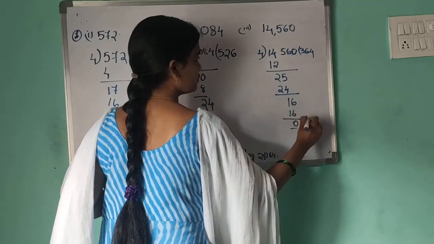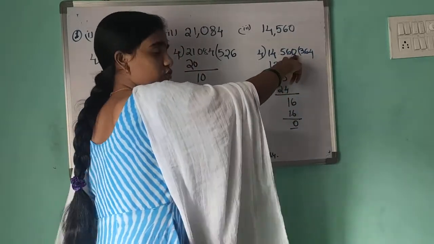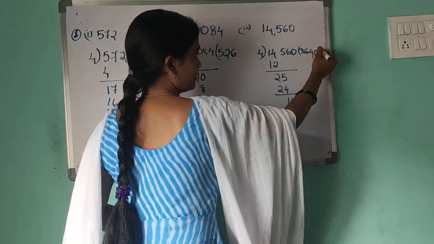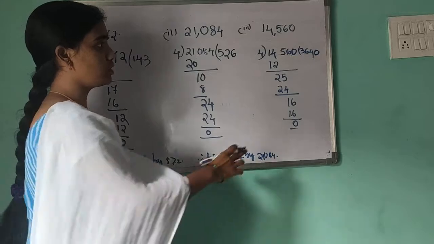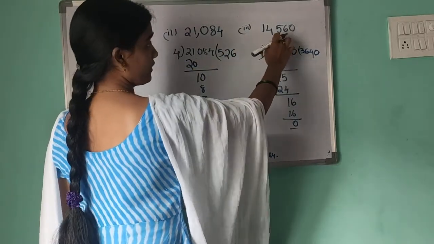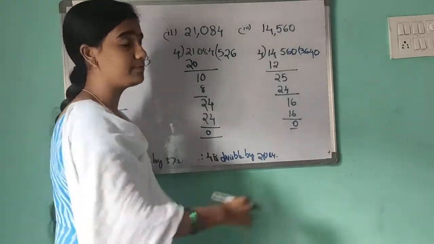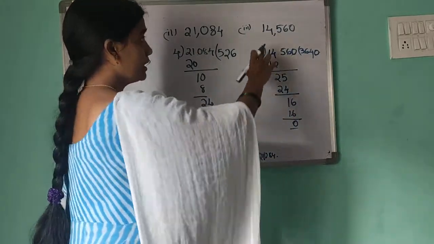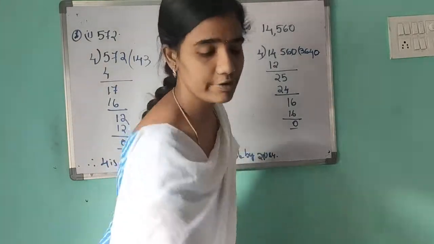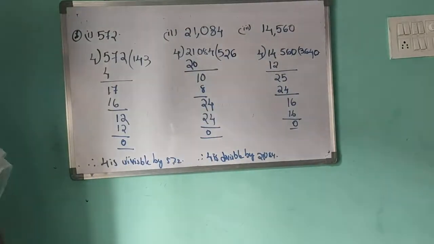Remainder is 0. So here we are having 0 as the remainder, and the quotient of this given number, 14560 divided by 4, is 3640. So 14560 is also divisible by 4.